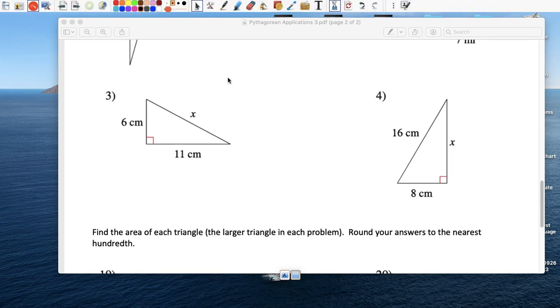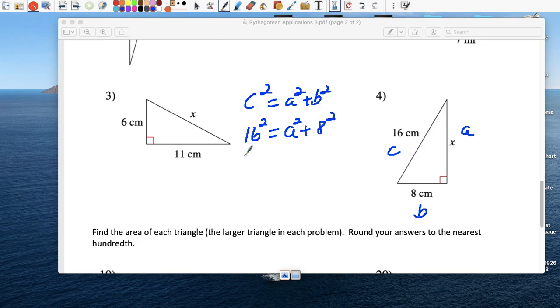Another one here. And this one we want one of the legs, so let's call that A and B, and obviously that's C. So C squared equals A squared plus B squared. 16 squared equals A, which we don't know, squared plus 8 squared. So 16 squared is 256 equals A squared plus 64.